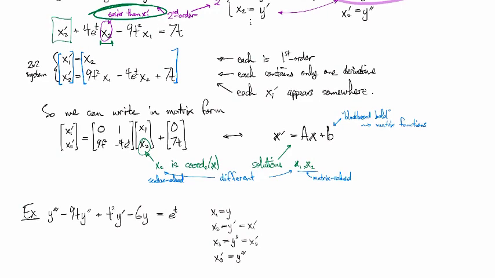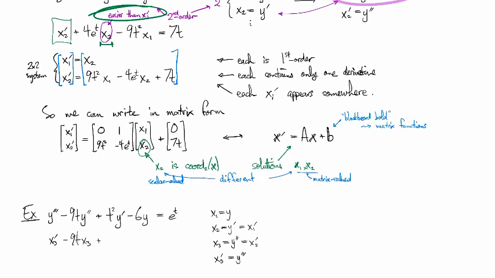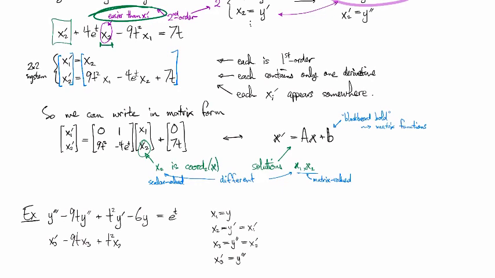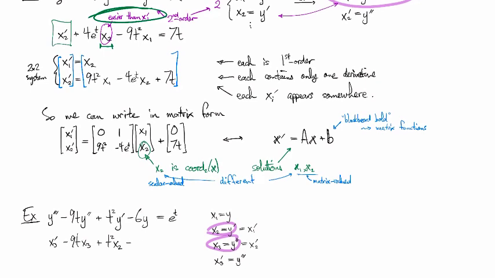Okay, so this is going to be x3 prime minus 9t x3 plus t squared, and y prime I want x2. So again, I'm choosing the ones that don't have a derivative from the formula over here. And x1 equals e to the t.